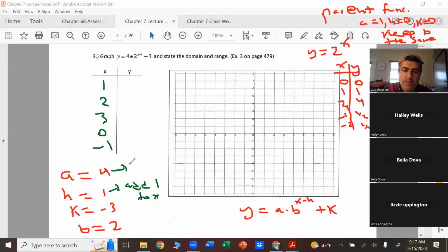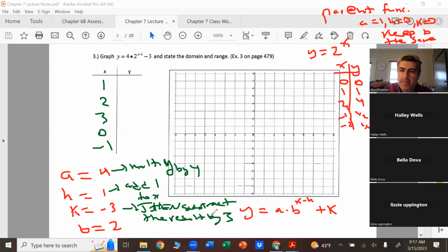A is 4, so I'm going to multiply y by 4, then subtract the result by 3.